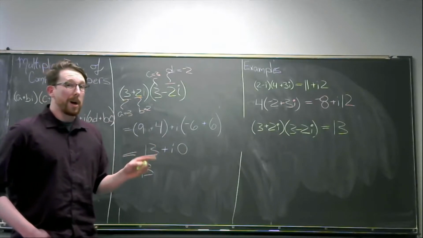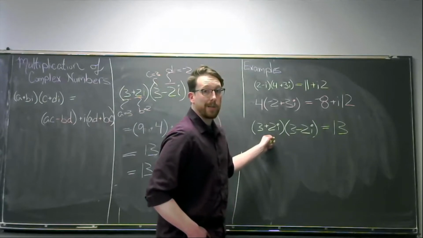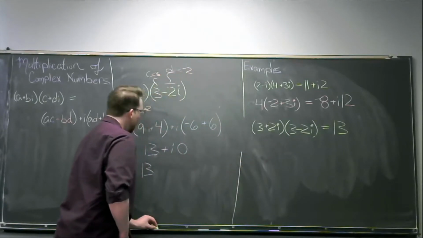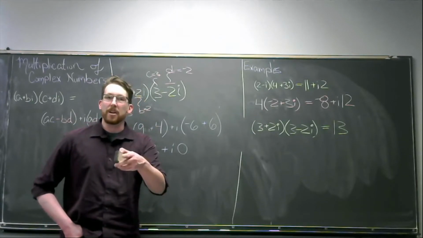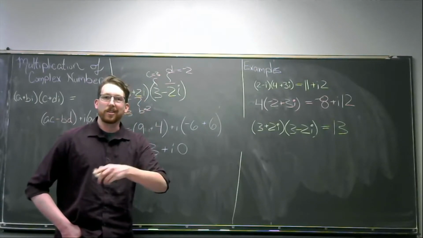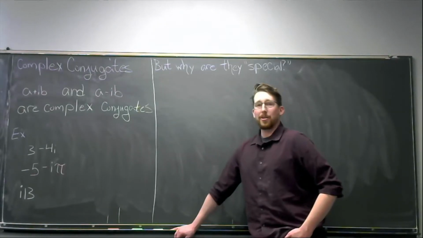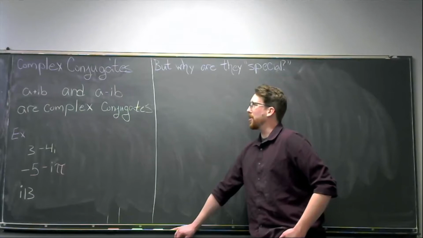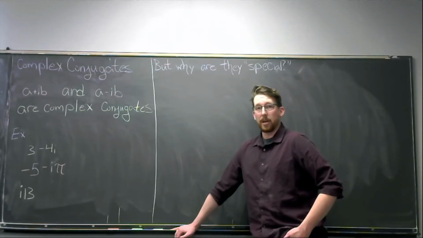What's special about this is these two numbers are called complex conjugates. A complex conjugate is what I'm about to talk about in just a second here. All right, so complex conjugates, what are they? Well, let's say you're given a complex number a plus ib.